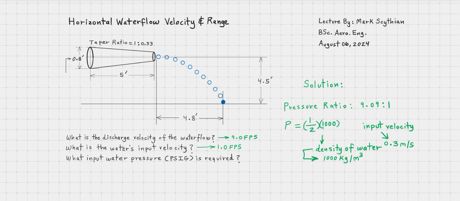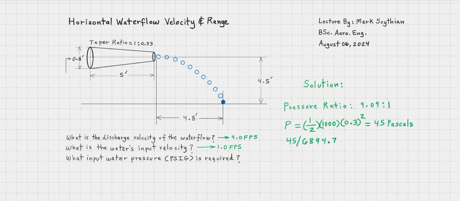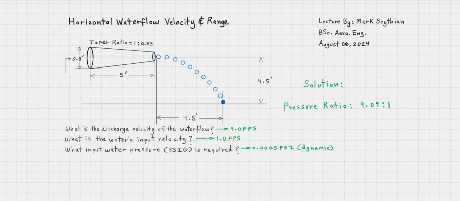After substituting, we compute 45 pascals, at 6894.75 pascals per psi. Note that's a pretty large input diameter, so it's not going to require a whole lot of pressure, although the power to overcome the pressure ratio is a different aspect. The input pressure is 0.0065 psi.